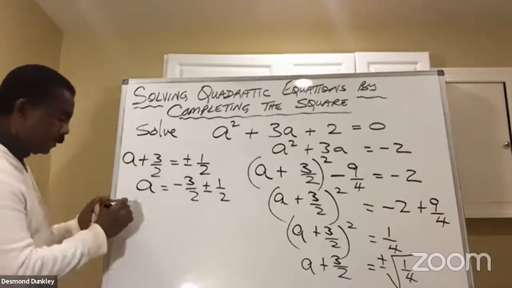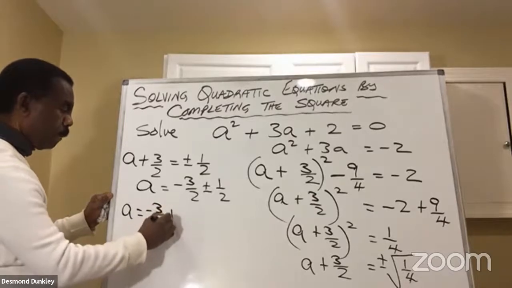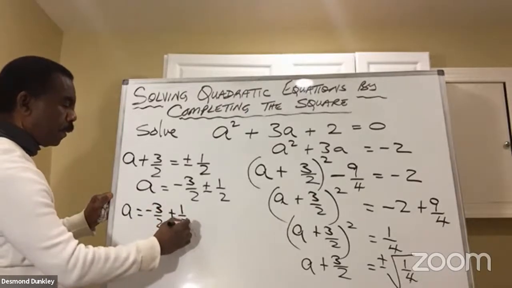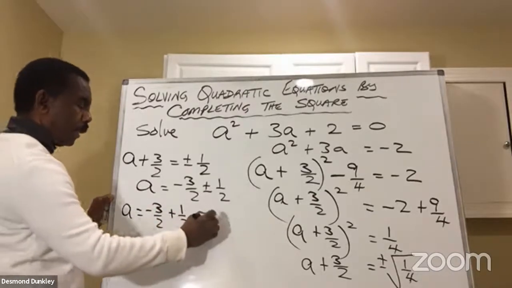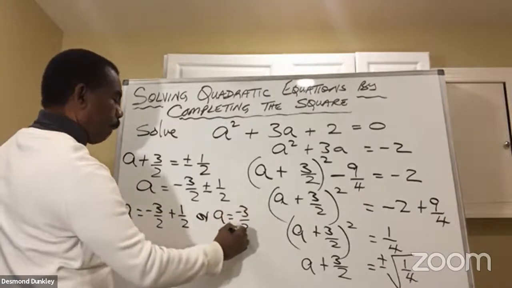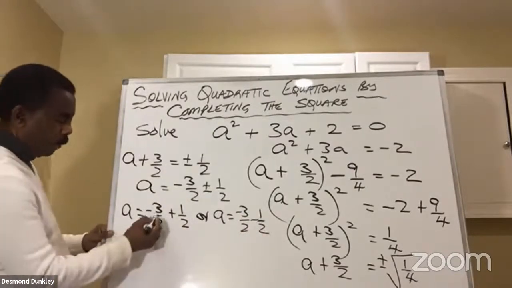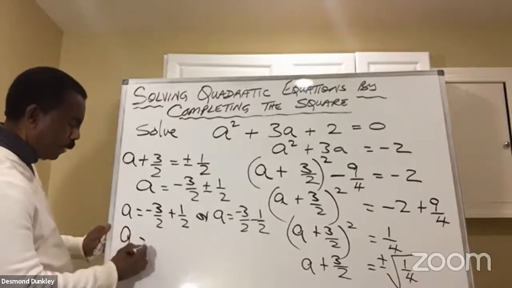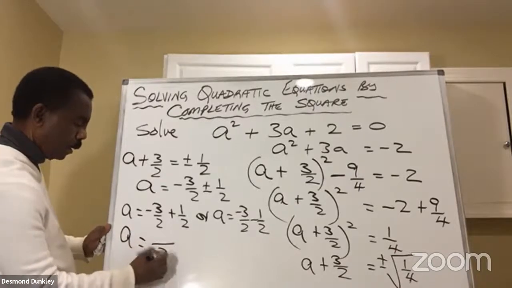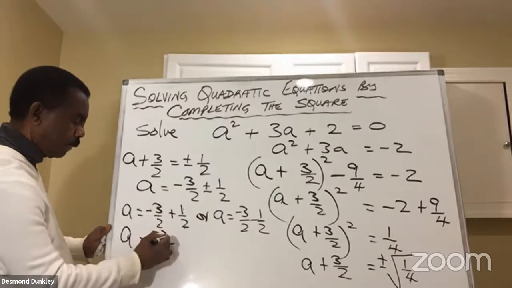So one answer is a equal to -3/2 plus 1/2. Or the other answer is a equal to -3/2 minus 1/2. What does this become? A is equal to, denominator is 2, -3 plus 1 is -2.